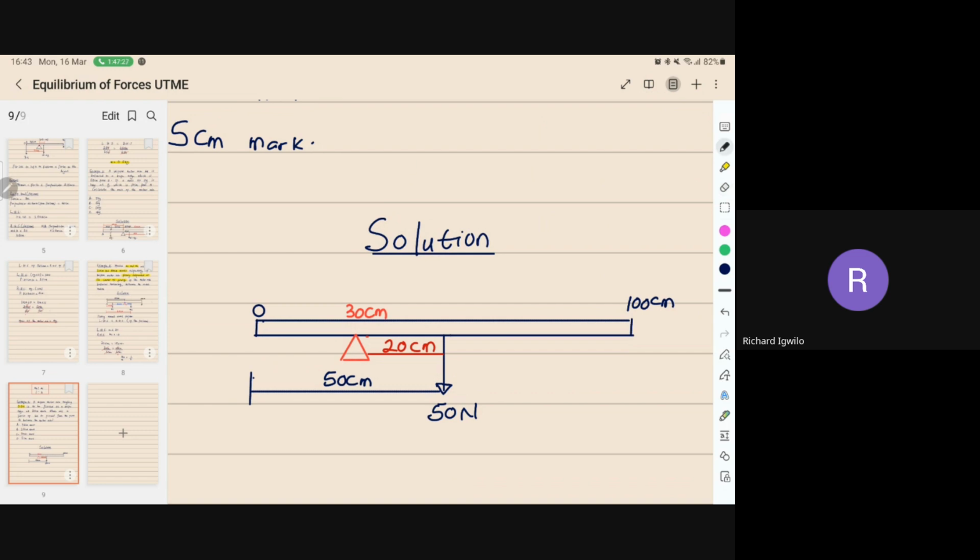All right. So now on the left hand side, we're going to have that force here. So let's call that force P. Now, they say we should find where we are going to place it, isn't it? We are looking for that force P, and that force is going to be on the left-hand side. We don't know where it's going to be.